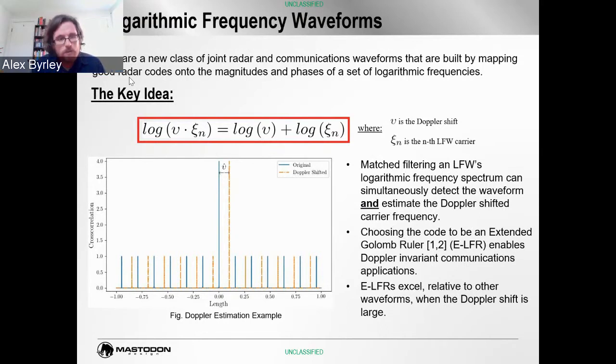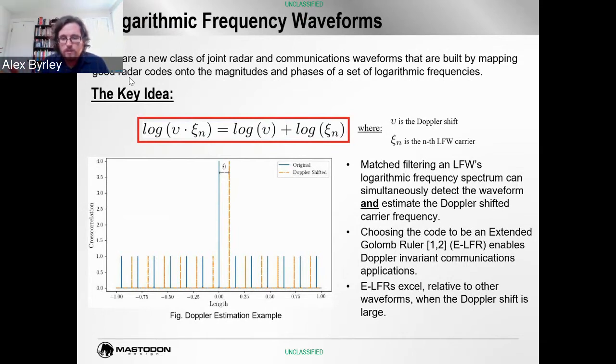For the waveform designers in our audience, the key idea behind these waveforms is that we're going to use the logarithm. The logarithm converts a multiplicative Doppler shift into an additive shift, and that enables us to do what's called matched filtering over the logarithmic frequency spectrum.